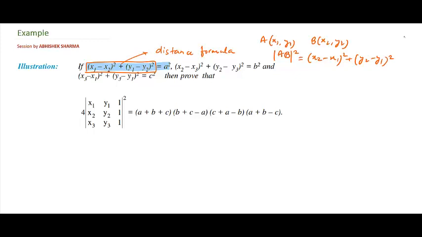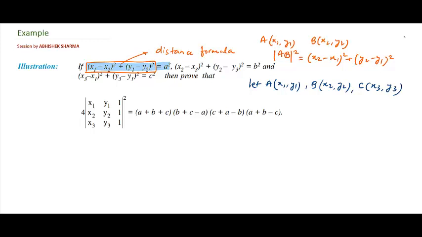Alright. So what I do is, let's say I assume, let A be a point (x1, y1), B be a point (x2, y2), and let's say C be a point (x3, y3).